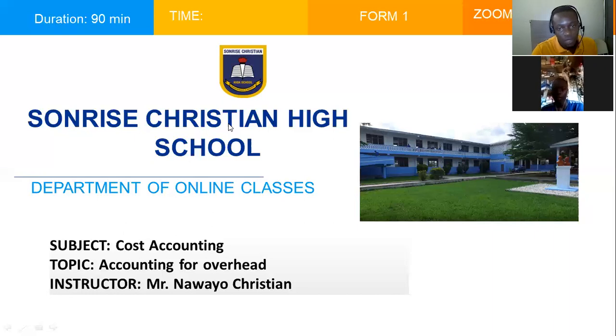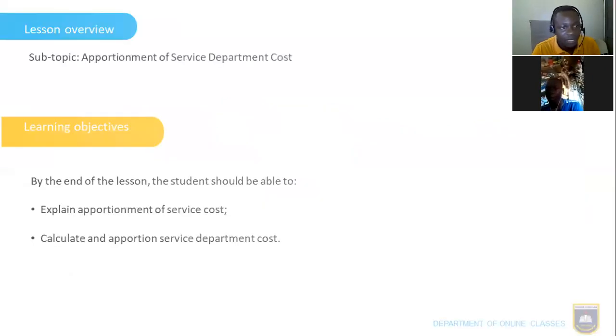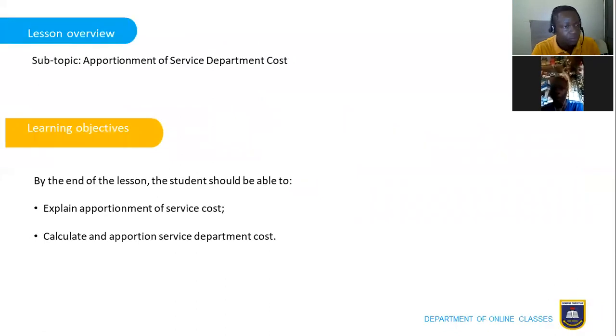Now, we also said that there may be instances where there may be departments rendering services to other production departments, meaning that you can have production department A, production department B, production department C, and then you may have something like a canteen service.